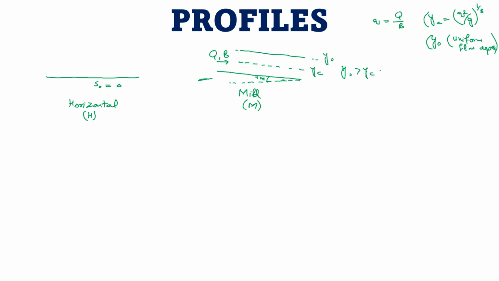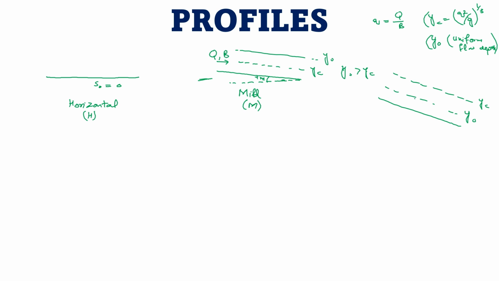And if the case becomes reverse, it means that Y naught has decreased and there is an increase in Yc. With the increase in slope, when the slope becomes steep, the velocity of flow becomes high and the depth will decrease.